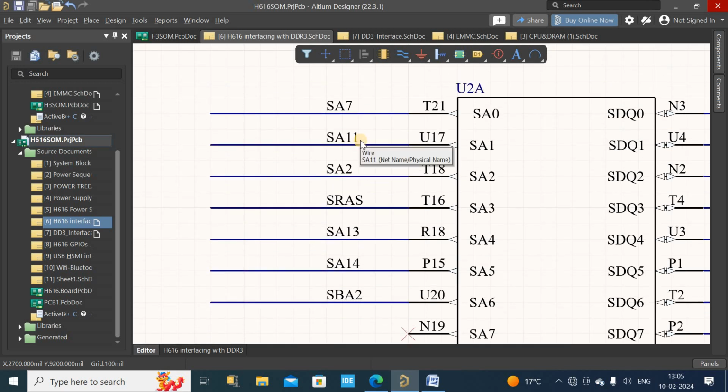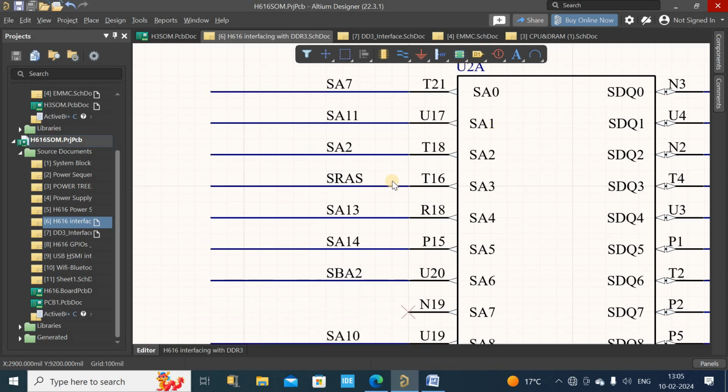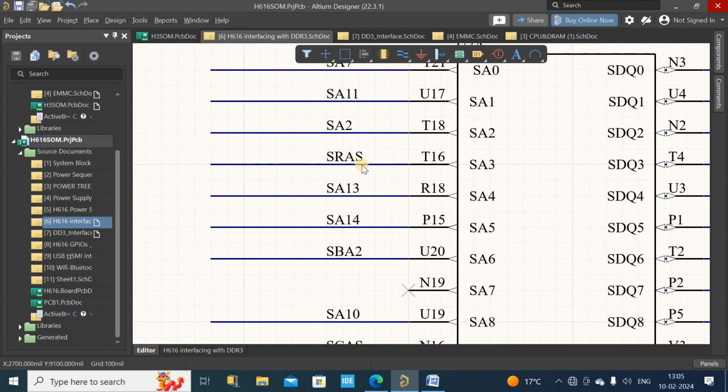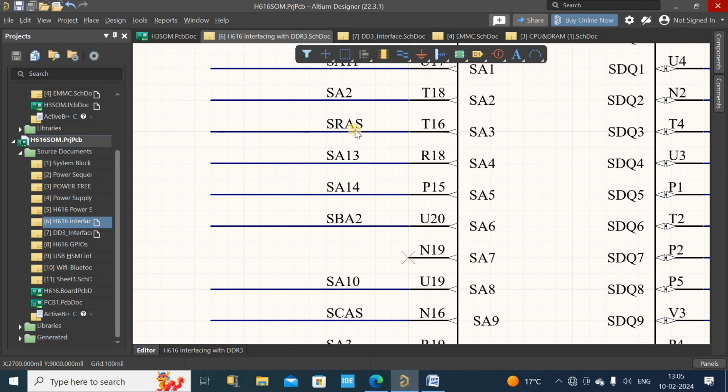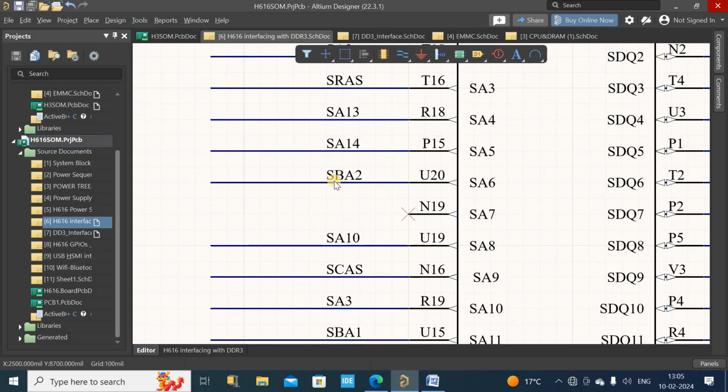I'm repeating this once again. As you can see here, on SA0 I'm putting the label SA7, then SA11, SA1, and so forth. Even on address bit 3 on this SoC, I'm putting a row selection pin label. It means this SA3 is interfaced with the row selection signal pins of our SDRAM.